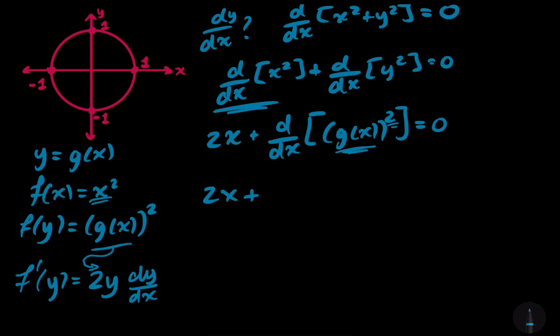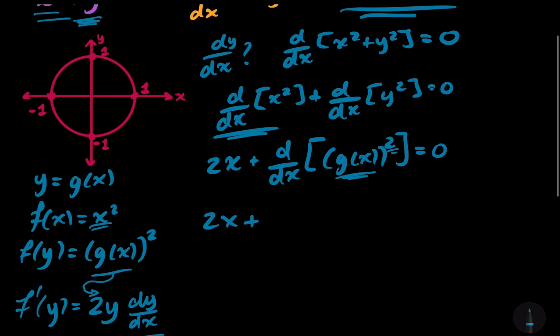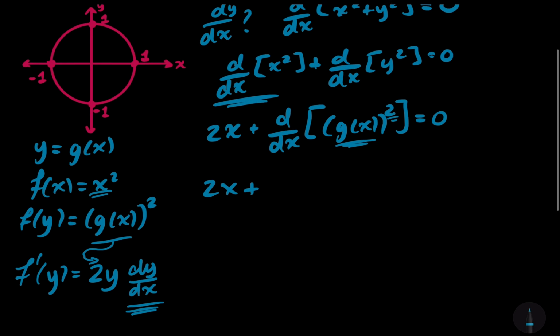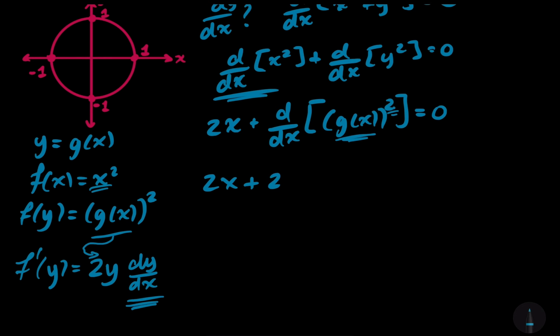The derivative of x squared is 2x, and we take our input, y, which is g of x, and input that into the derivative of f. Then we multiply that by dy by dx, because that is what the chain rule tells us to do. So 2 times y is the derivative of the outer function, f prime of g of x, and we multiply that by g prime of x. Another way to write g prime of x is dy by dx, and this is equal to 0.